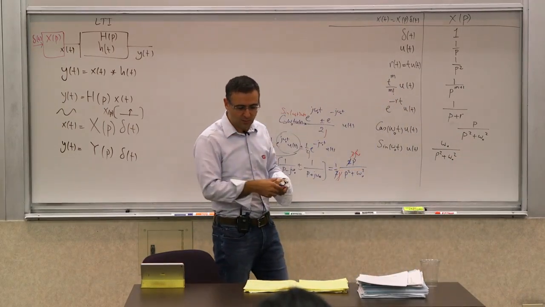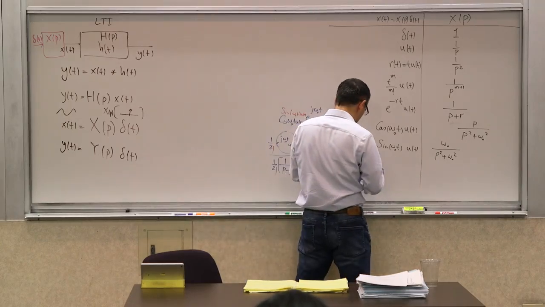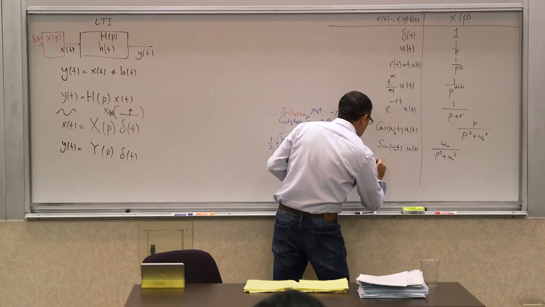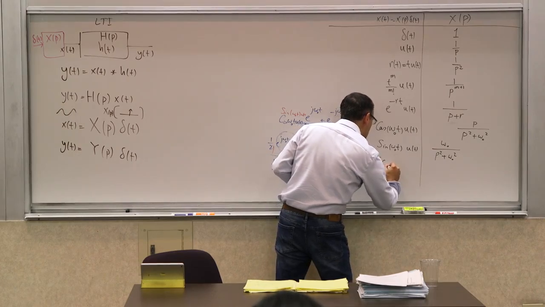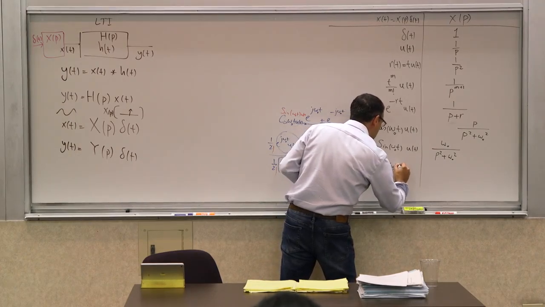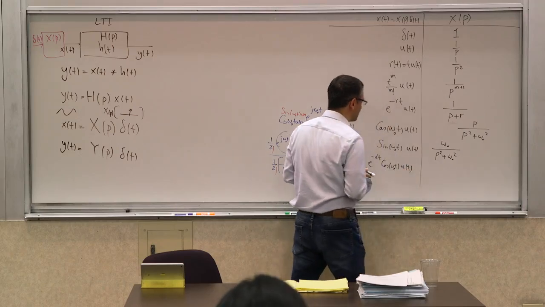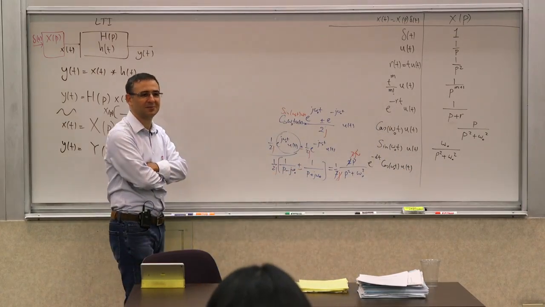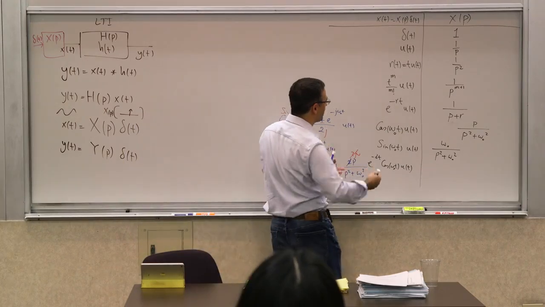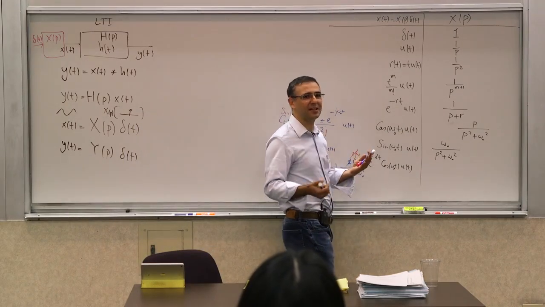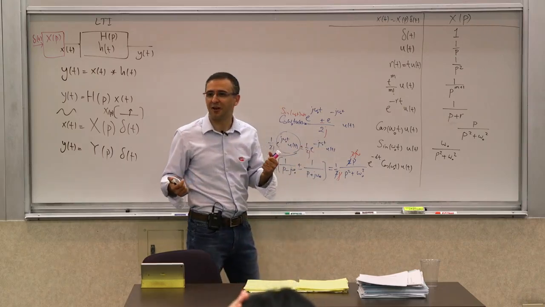How about something even a little bit more interesting? So let's say now e to the negative sigma t cosine of omega naught t u of t. What's that going to be? See now if you can look at the pattern of the previous ones, because we have bits and pieces of it, and see if you can guess before we actually derive it.